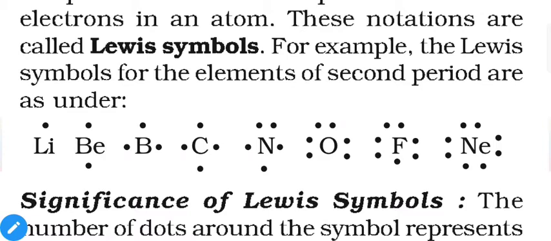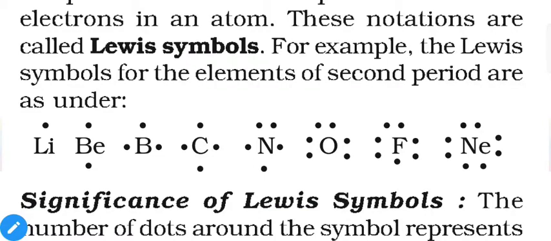But out of 3, only 1 electron is a valence electron because it is present in the outermost orbital, and the remaining 2 electrons are present in the inner orbital. So it contains 2 electrons in the 1s orbital and 1 electron in the 2s orbital.